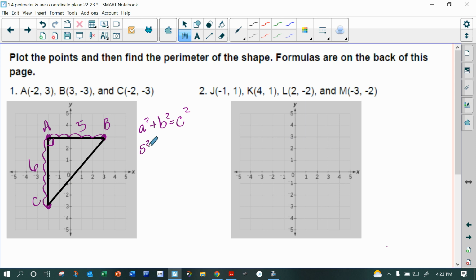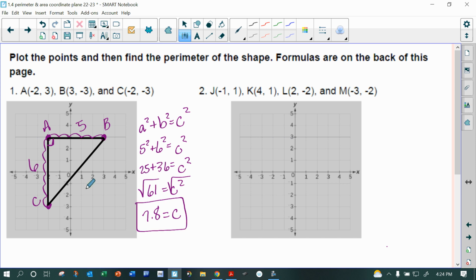So 5 squared plus 6 squared equals c squared. So this is 25 plus 36 equals c squared, which is 61. You have to take the square root of both sides. So therefore c, if we type this in the calculator, is 7.8. So this length right here is 7.8.